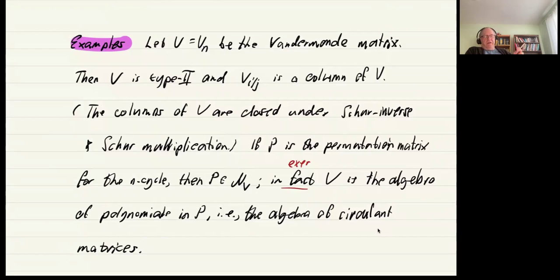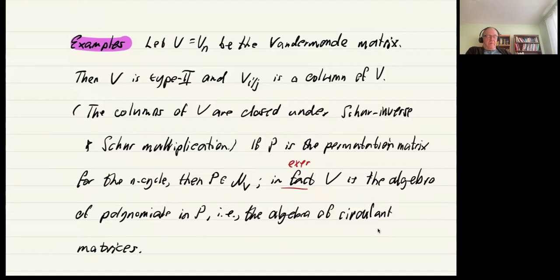And the Schur ratio of any two columns is a column of the Vandermonde matrix. So in fact, the columns of the Vandermonde matrix form a group under Schur multiplication, with the Schur inverse as the inverse map, and the all-ones vector as identity. So you have a Schur group, which we won't go into now.